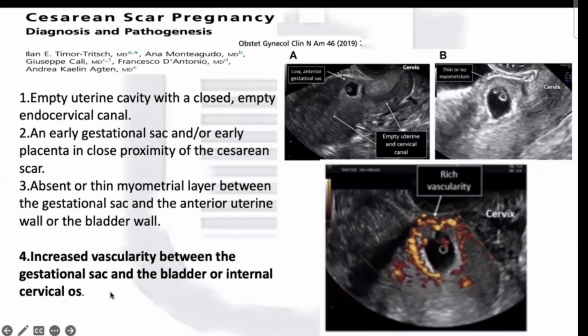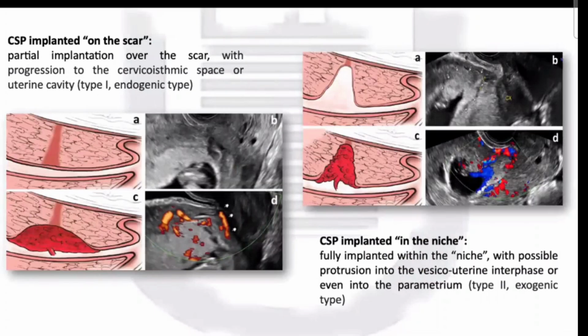And the other thing is that we can also evaluate the vascularity around and especially between the bladder and the cervical os, since it is very important, especially for the treatment.